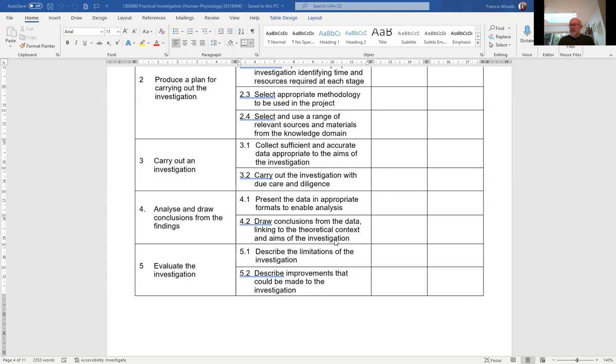So the improvement would be to use a different type of measuring device for the volume. Now that can be either a burette, B-U-R-E-T-T-E, or a graduated pipette, P-I-P-E-T-T-E. Those are much more accurate.